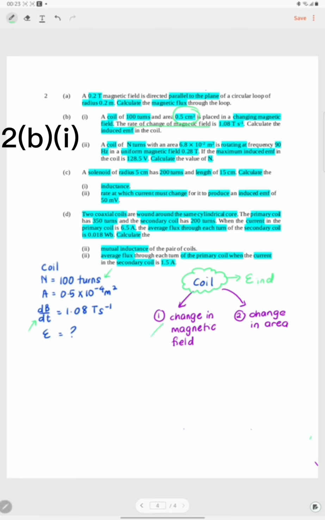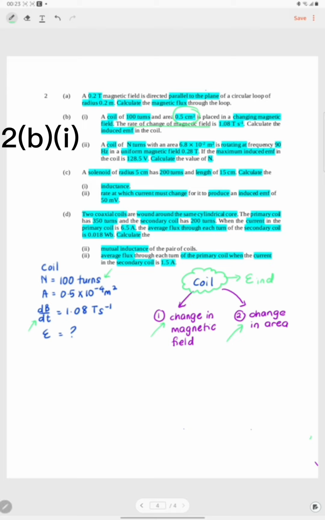The first one, induced EMF can be produced if the coil experiences a change in magnetic field. Number 2, the induced EMF also can be produced if the coil experiences a change in area. So you have to choose which one changes in the question.